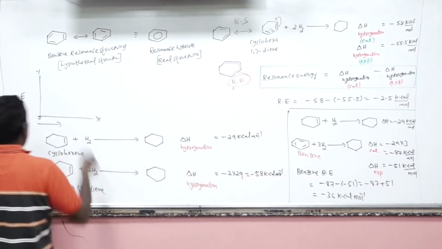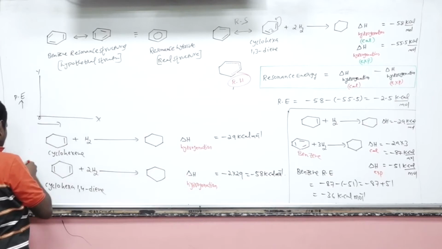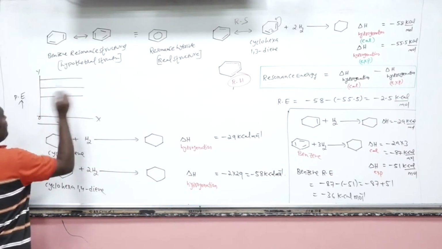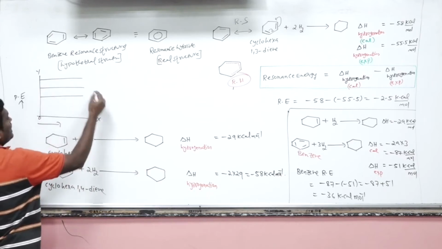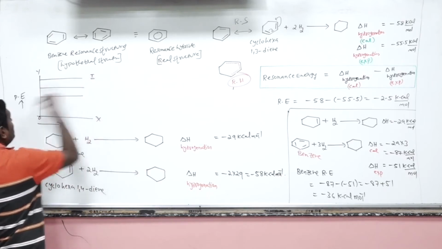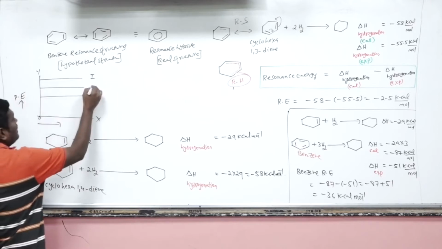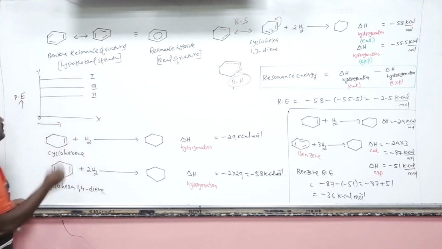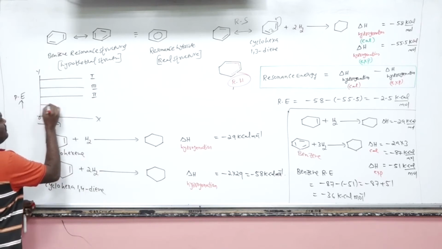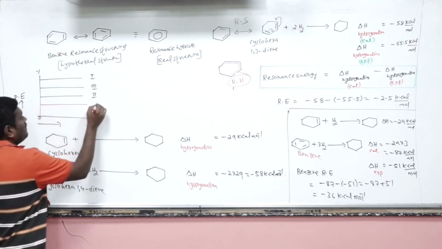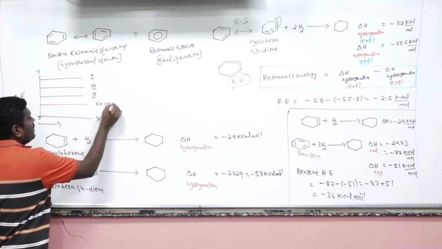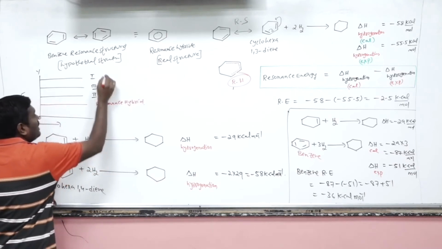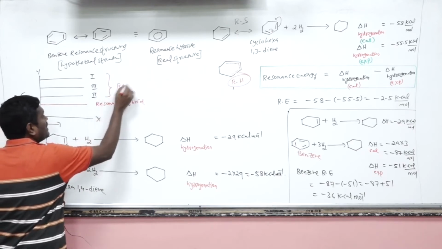Let's suppose a compound has 3 resonating structures. Let's suppose out of the 3 resonating structures, resonating structure 1 has more potential energy and 2 has less potential energy. Now this is the resonance hybrid structure, and these are the resonating structures.